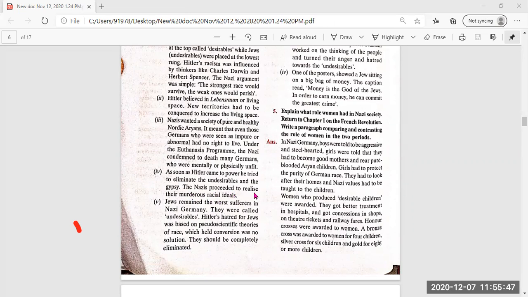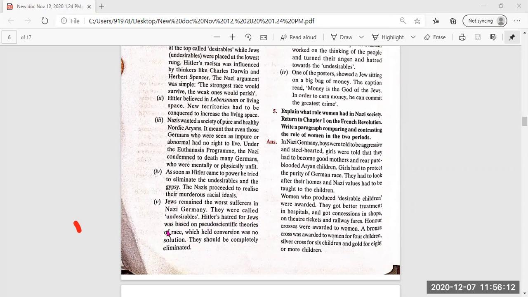The Nazis proceeded to realize their murderous racial ideals, saying they were just making the society clean, and Jews remained the worst sufferers in Nazi Germany. Who were the worst sufferers? Most of the torture was inflicted on the Jews. They were called undesirable.